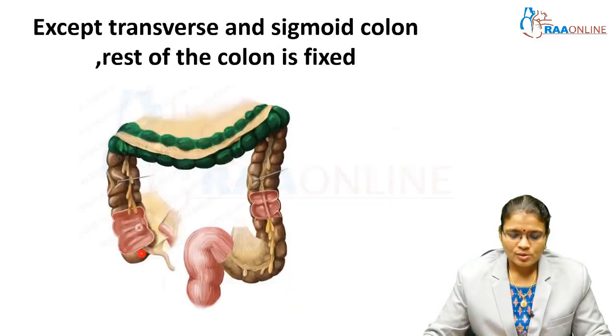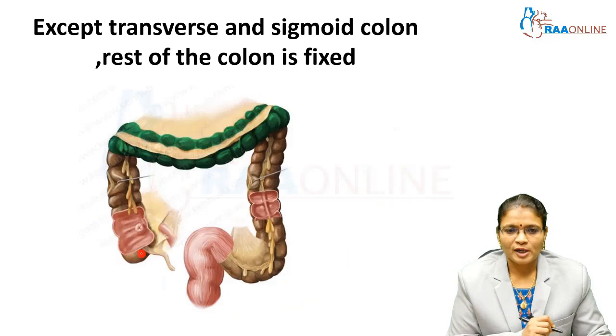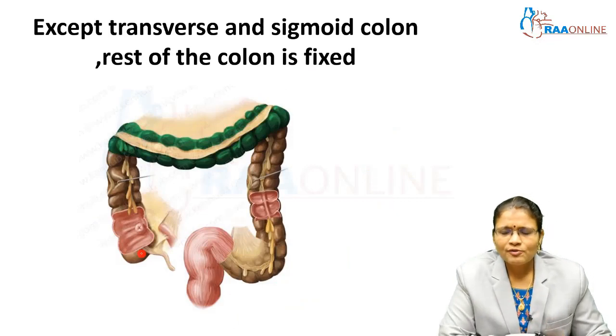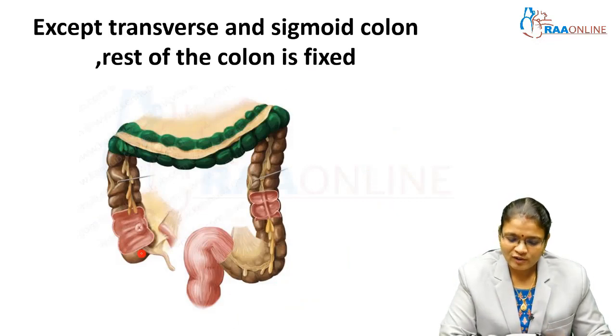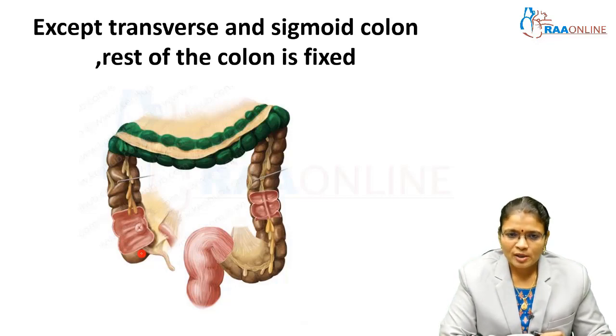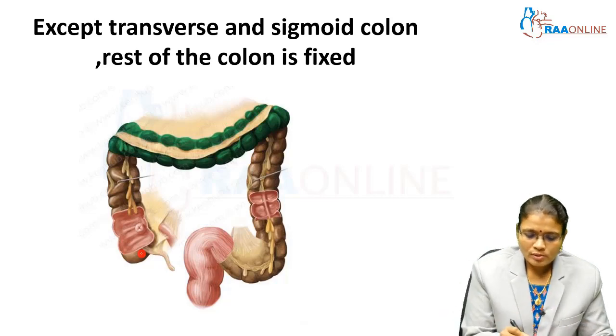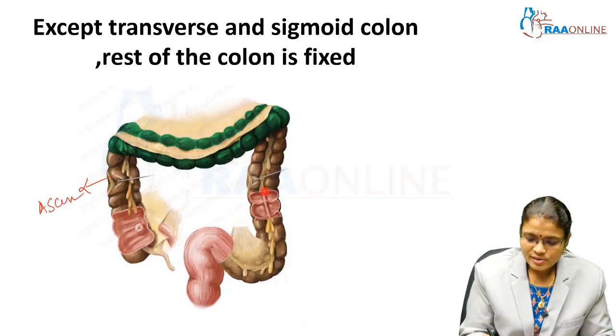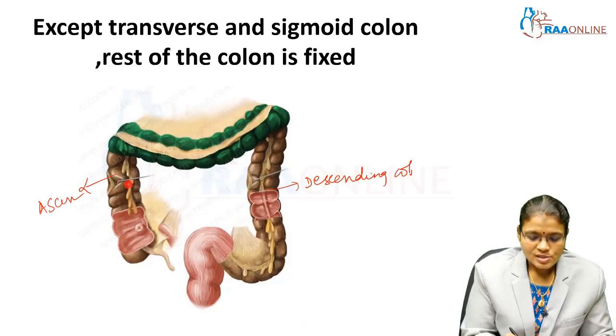This is the picture to show you the presence of peritoneum. Normally in fetus, as the colon develops, all the parts of large intestine are intraperitoneal. Then as a baby grows, ascending colon, descending colon, and this is cecum.